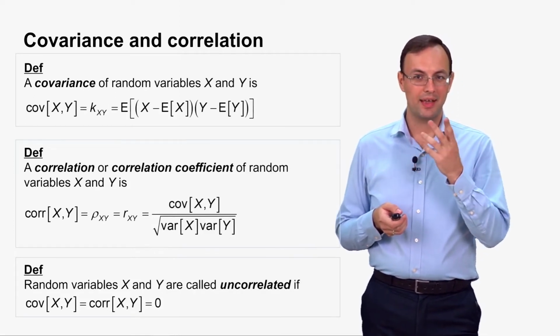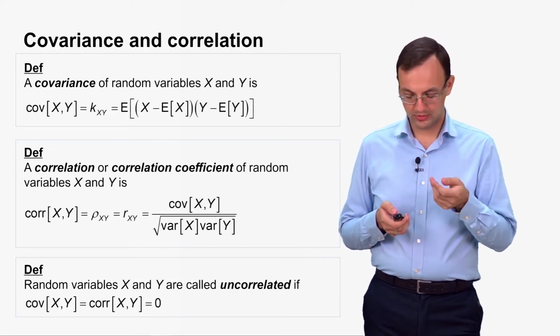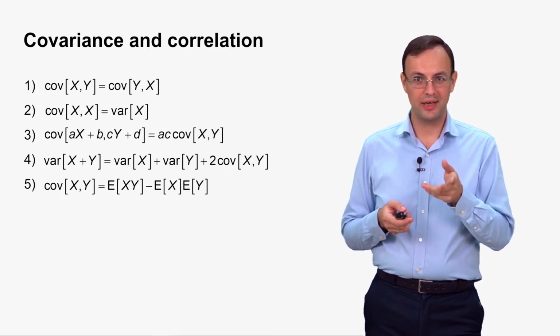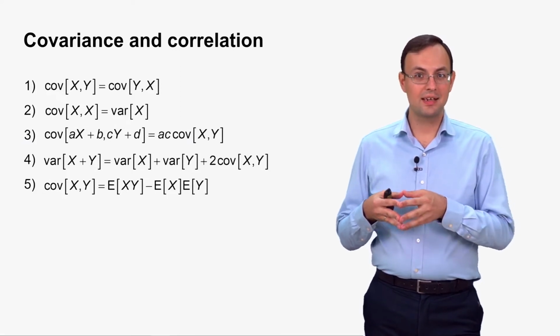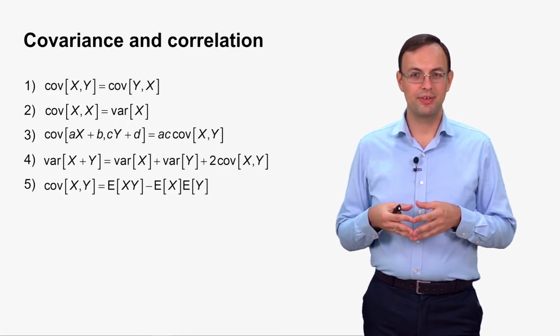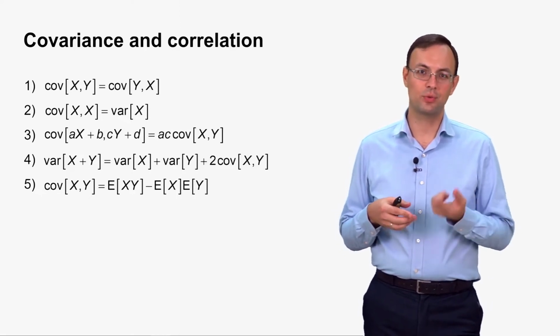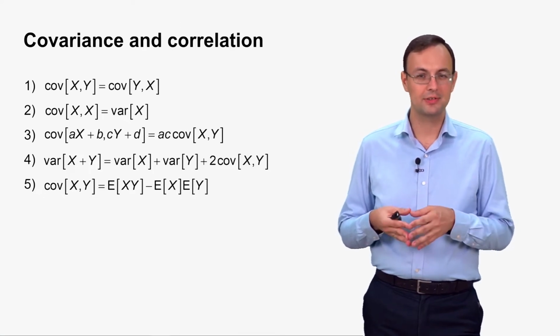As we can swap x and y, and the result will be the same, covariance of x and y is equal to covariance of y and x. Then covariance of x and x is equal to the variance of x. If you substitute x for y in the definition of covariance, you'll get the definition of variance.